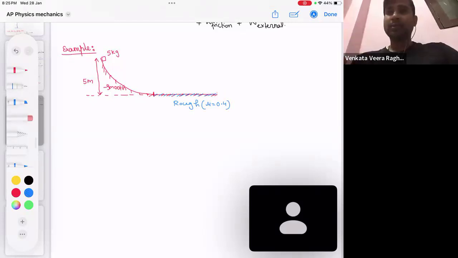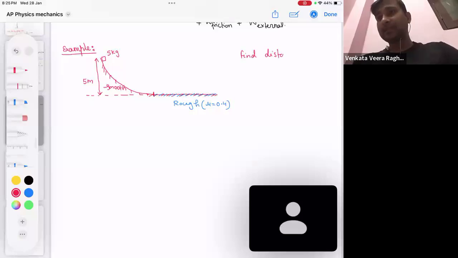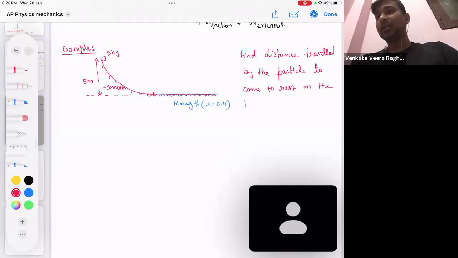So now they are asking in the question, find the distance traveled by the particle or body to come to rest on the horizontal part.